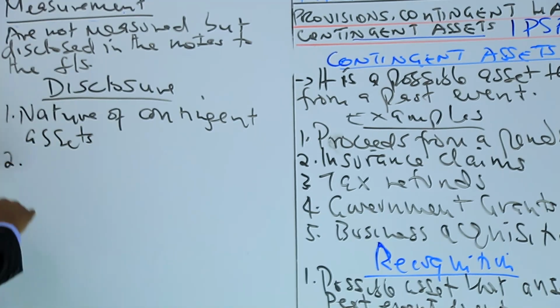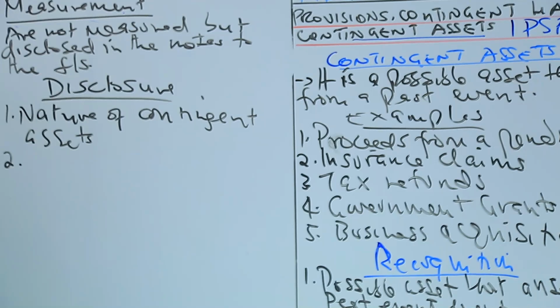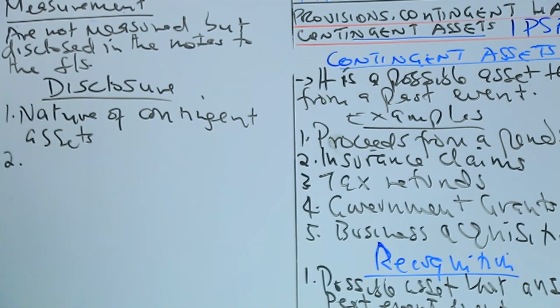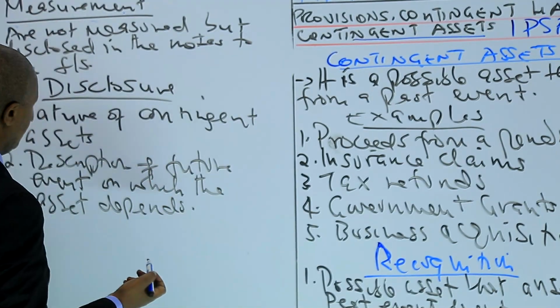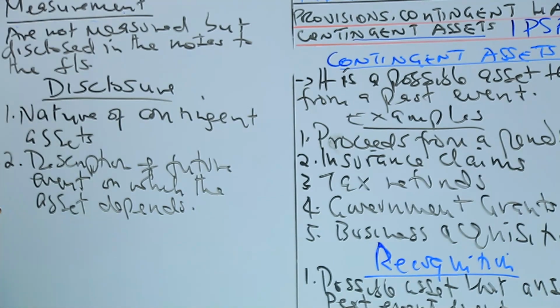There also has to be a description of the uncertain future event on which the asset depends. That also ought to be disclosed.